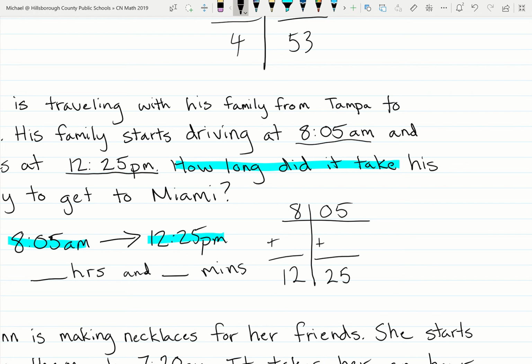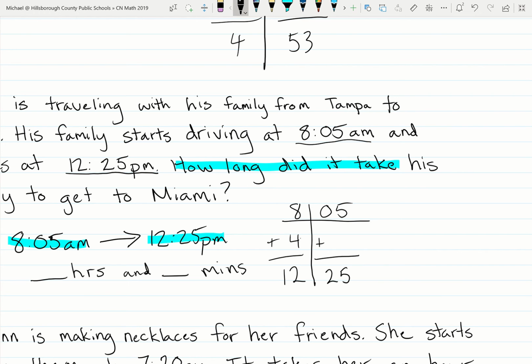Now, some of you are saying, why didn't you put p.m. down here? Why didn't you put a.m.? Well, if you go in time from 8 a.m. to 12 p.m., it's not a shift over as many hours as you think. In this case, it's just going to be exactly what you think, which is 4, because 8 plus 4 is going to give you 12. Same thing with this 05 here.